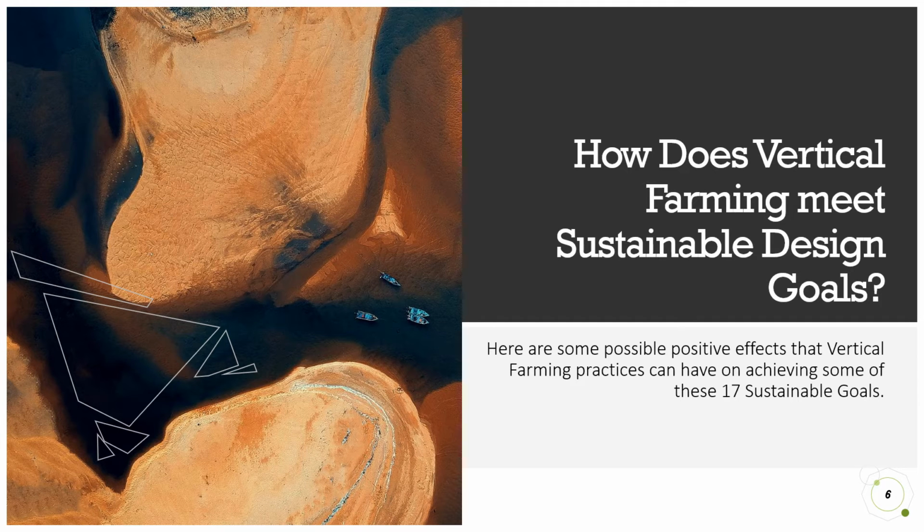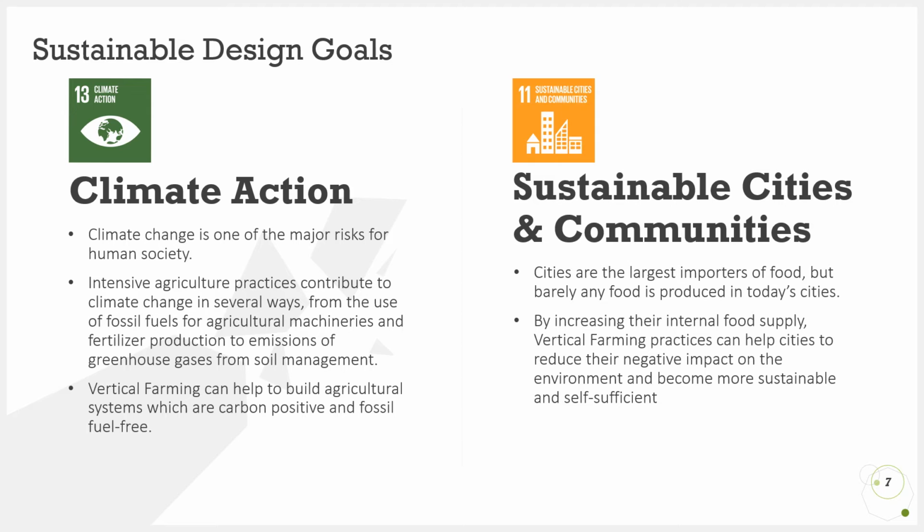So how does vertical farming meet sustainable design goals? Here are some positive effects that vertical farming practices can have on achieving some of these goals. So, climate action. Climate change is one of the major risks for human society, and a lot of farming practices contribute to climate change, with machineries using fossil fuels and fertilizers and emitting greenhouse gases.